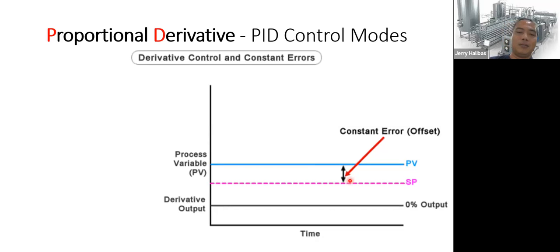What is now the output of your derivative controller? So what is the derivative of a constant? Do you remember? Okay, so the derivative or the differential of a constant is actually 0. So if the integral of 0 is a constant, the derivative of a constant is 0.